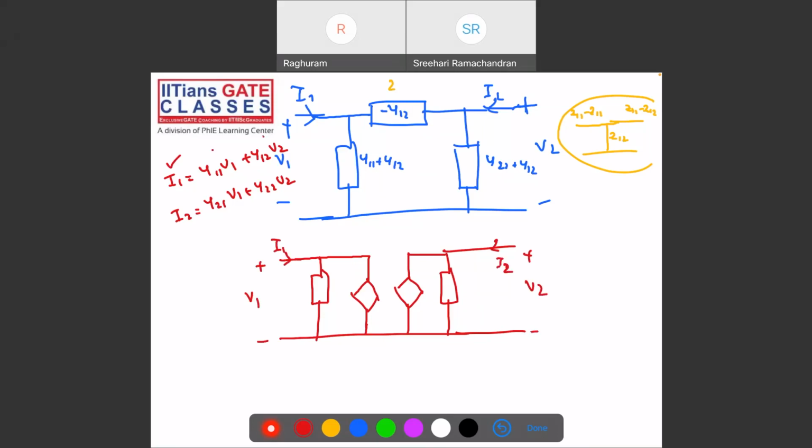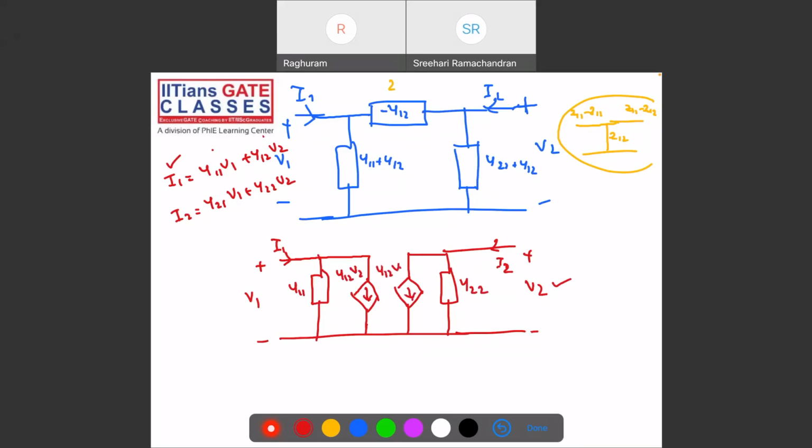Y11 into V1 is the current here, plus the second one is a leaving current, Y12 into V2. This is a dependent current source whose value depends upon the voltage here. Similarly, this will be Y22, and this is the leaving current Y21 V1.